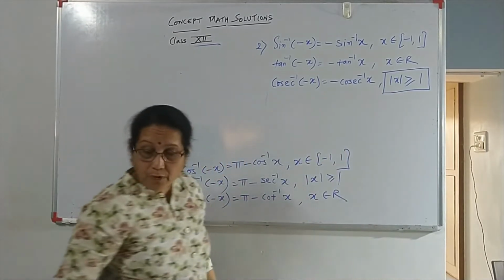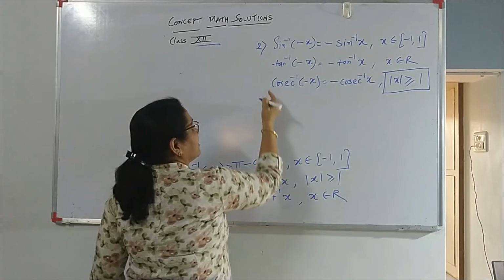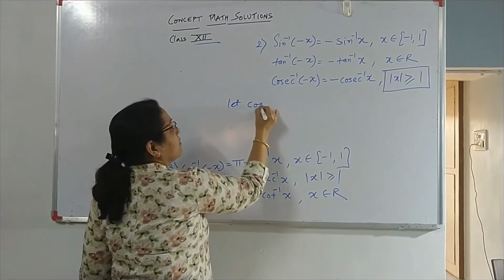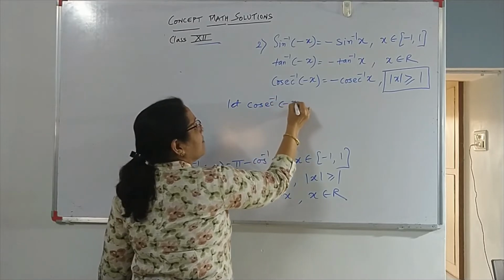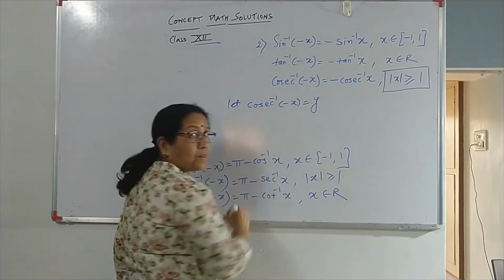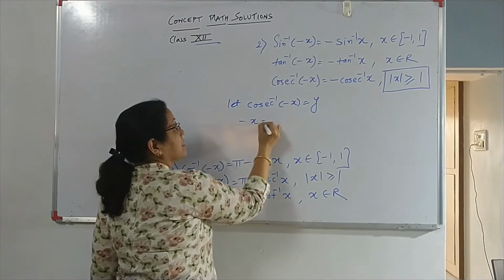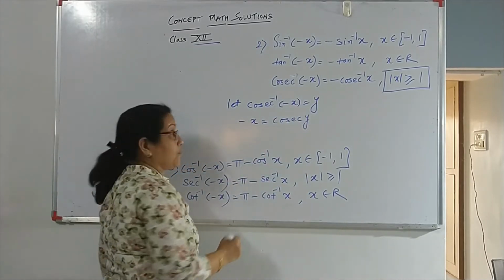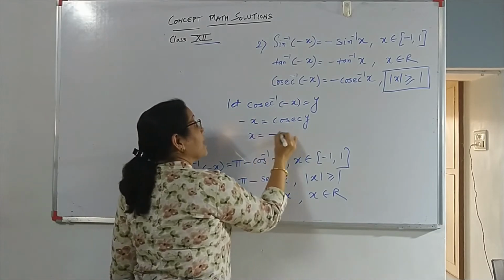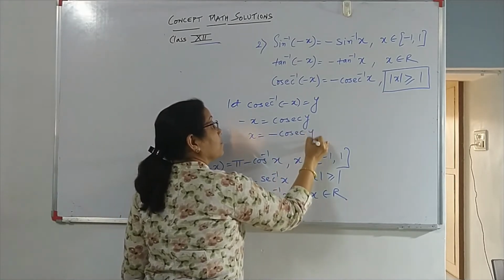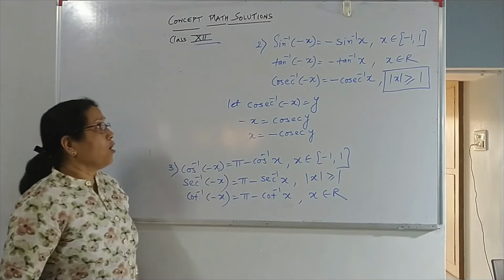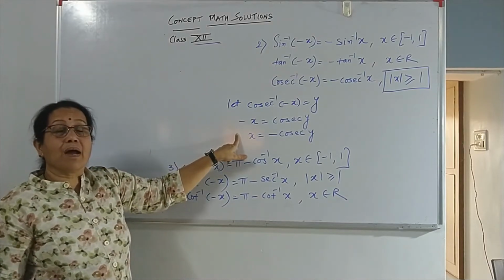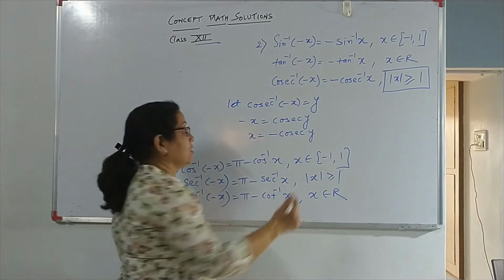So, if I have to prove this identity, I take, suppose, the third one. What I do is take cosec inverse of minus x to be y. So what do I have? Minus x is equal to cosec y, so x is minus cosec y. Now all of you, cosec of minus theta is minus cosec theta.